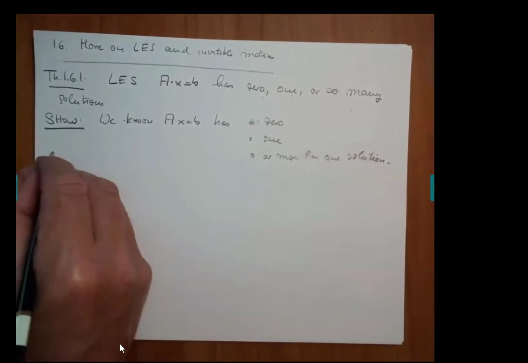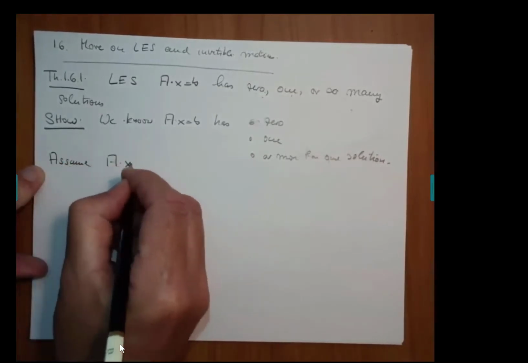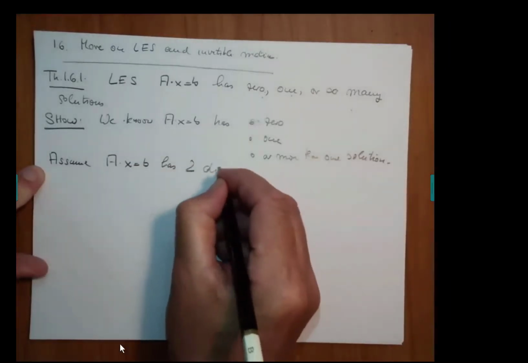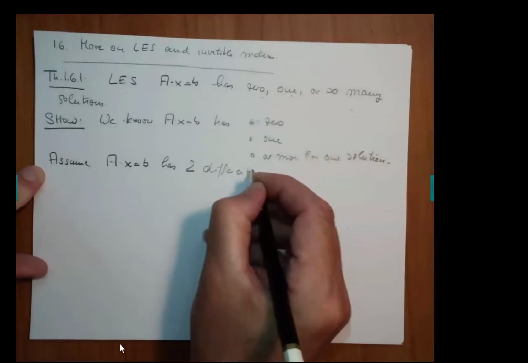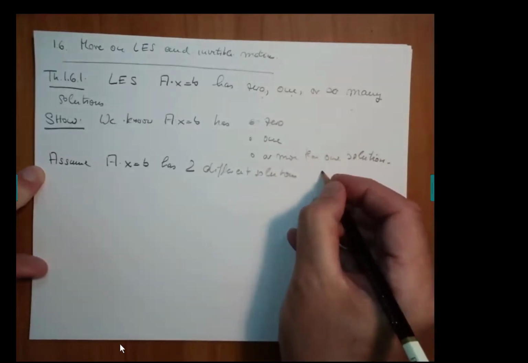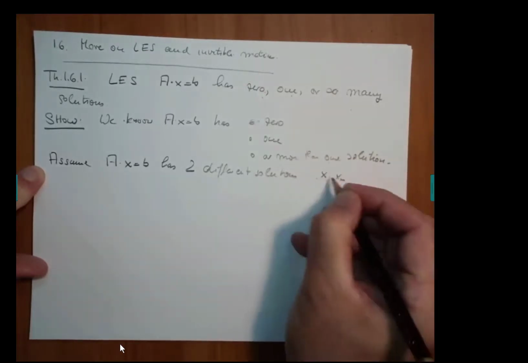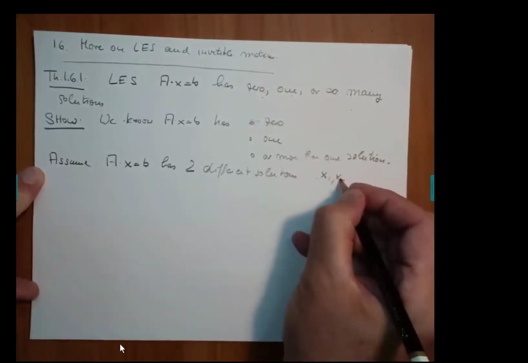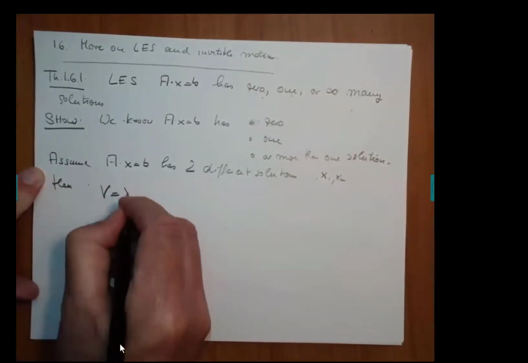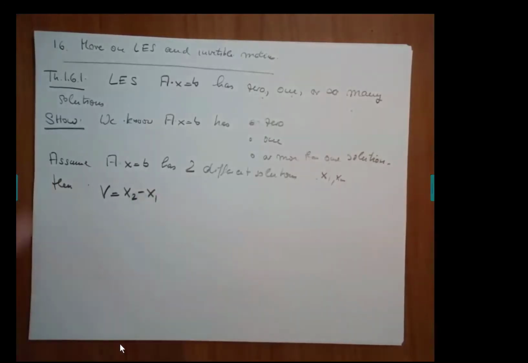So assume A times X equal to B has 2 different solutions. I call them X1 and X2. So these are 2 solutions and they're not the same. Then we calculate V equal to X2 minus X1.